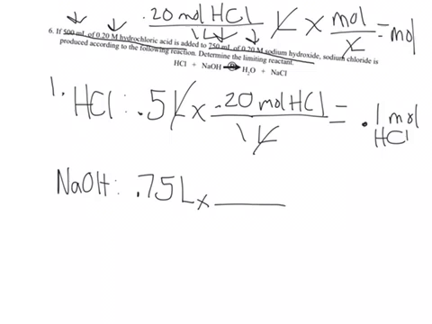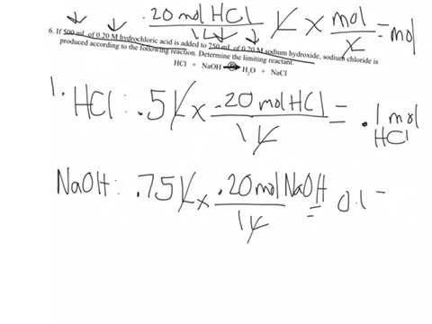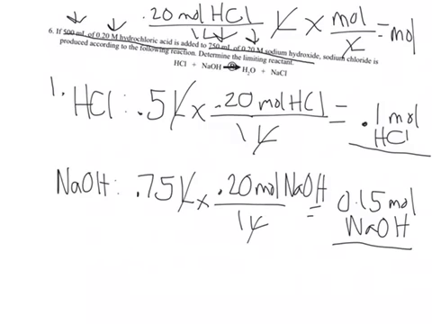We are going to multiply it by the molarity, which is moles over 1 liter. The liters cancel out, and we're left with 0.15 moles of sodium hydroxide. So this is how many moles you are given for each of your reactants. 0.1 moles of hydrochloric acid, 0.15 moles of sodium hydroxide.